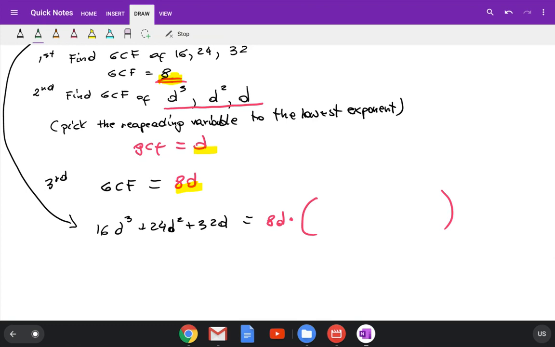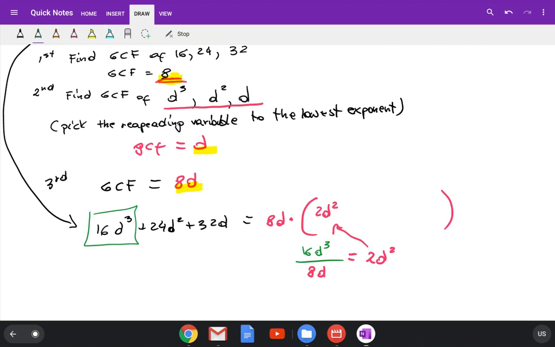Let's review how to do it. You take your first original term, 16d to the third power, and divide it by the GCF, 8d. 16 divided by 8 gives you 2, and d to the third power divided by d gives you d squared. So that's how I end up with 2d squared.